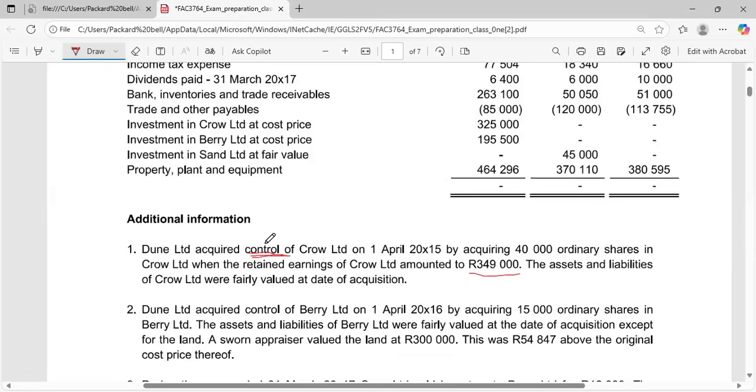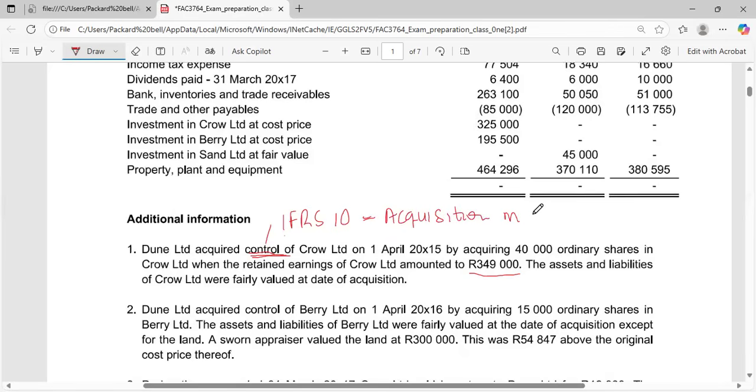So if there is control, then it means we're going to apply International Financial Reporting Standard 10 here. So for June Limited and Crow Limited, we are going to use the acquisition method.